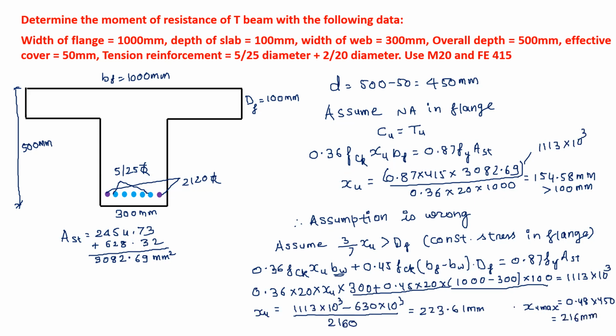Now this value is less than XU, and therefore the section is over reinforced. But an over reinforced section is not allowed in LSM, and therefore we have XU equal to XU max, and we have to keep this value 216 millimeters.